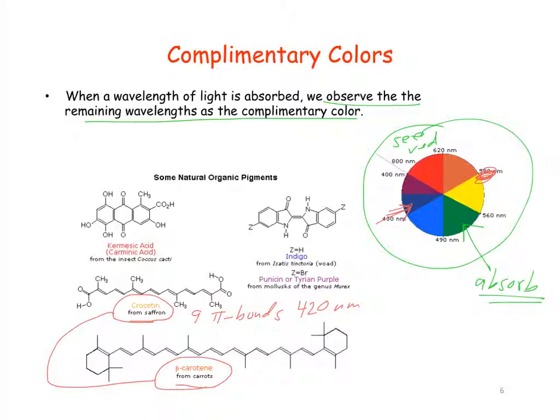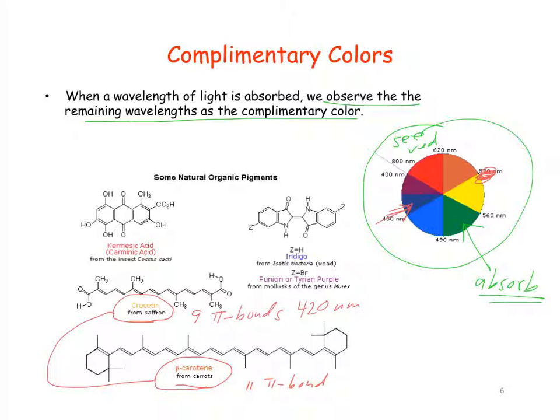How many pi bonds does it have? 1, 2, 3, 4, 5, 6, 7, 8, 9, 10, 11 pi bonds. The more pi bonds, the longer the wavelength that's absorbed. The more conjugation, the longer the wavelength.